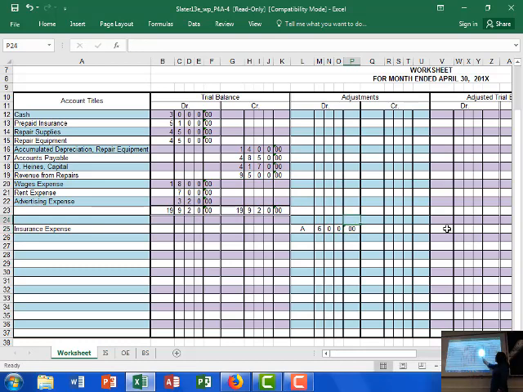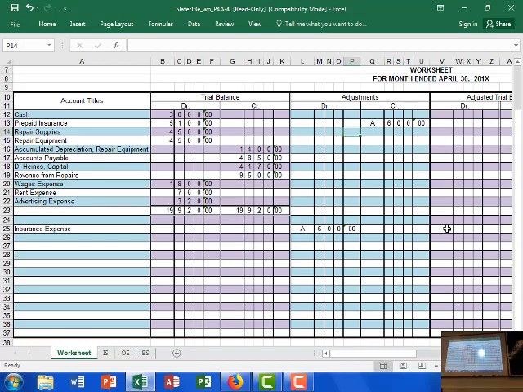Notice you're putting it here on your adjustments. $600. Then you're going to credit prepaid insurance. And notice we're putting A and A so that you can remember what that is for. Okay, which one you've already done.